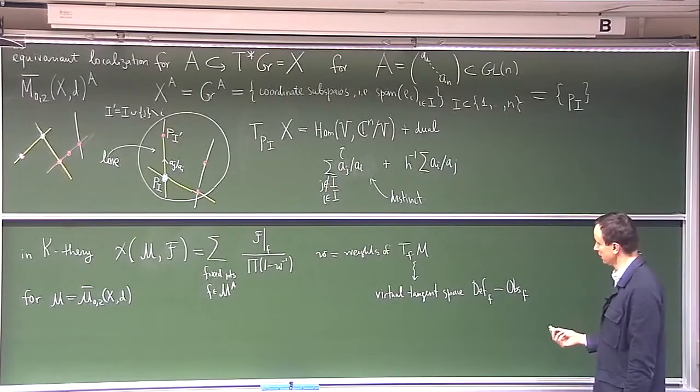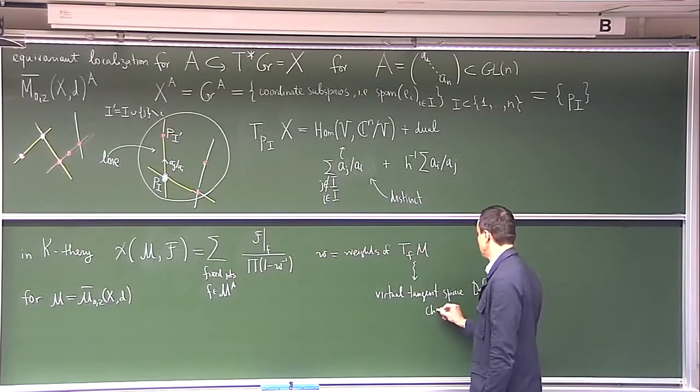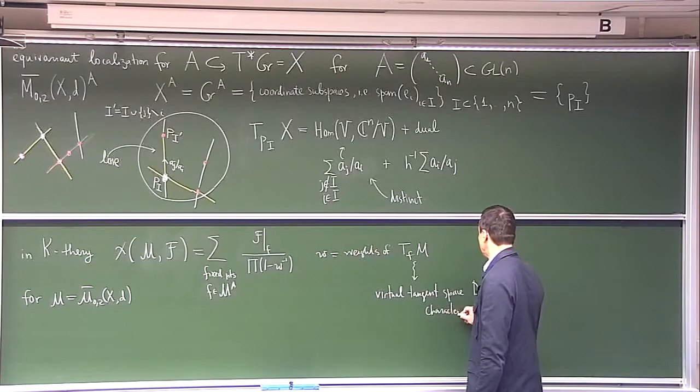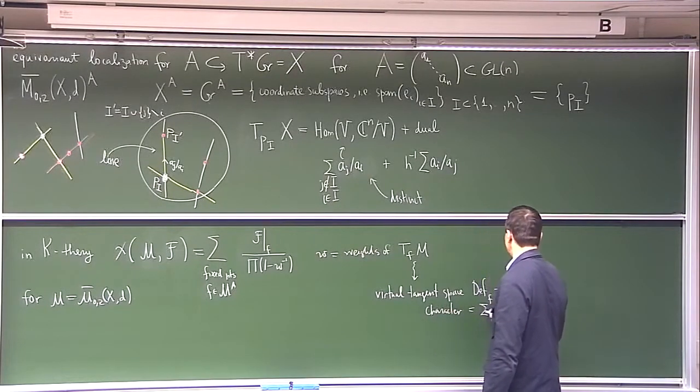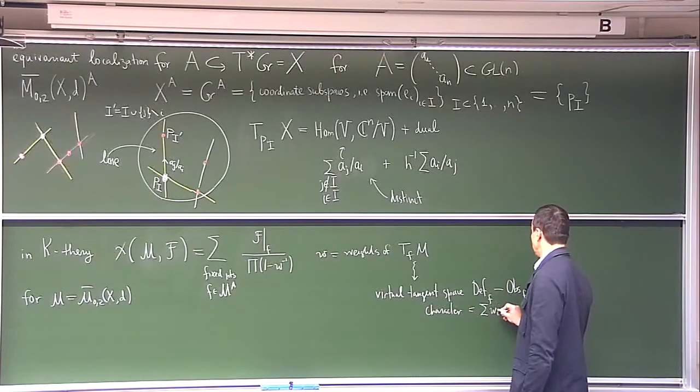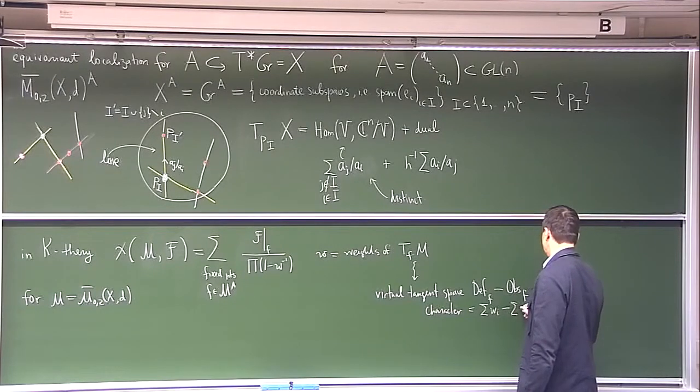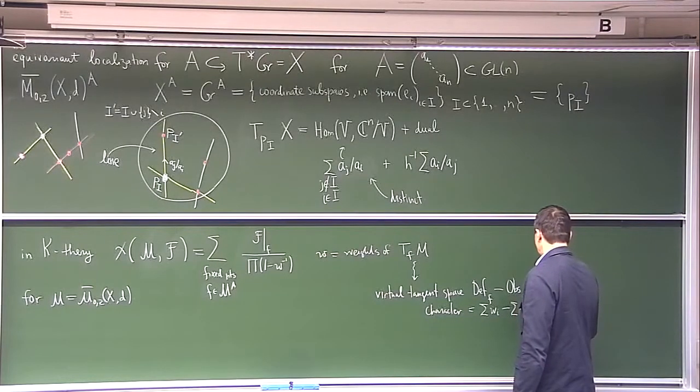And so its character is now the summation of some W_i's minus some other weights, V_i's.